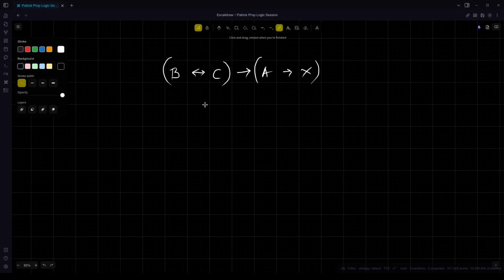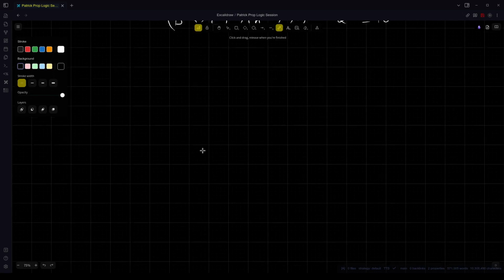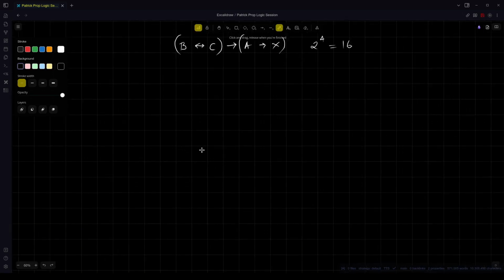Yeah. So we identified the number of propositional variables. There's 4 there. So then it's 16 rows we're going to need. Okay, so that's 2 raised to 4. That's 16. So we're going to need 16 rows, right?